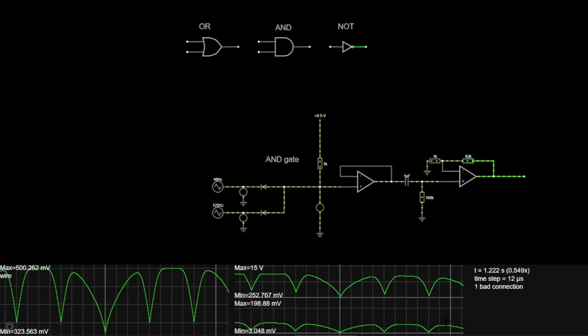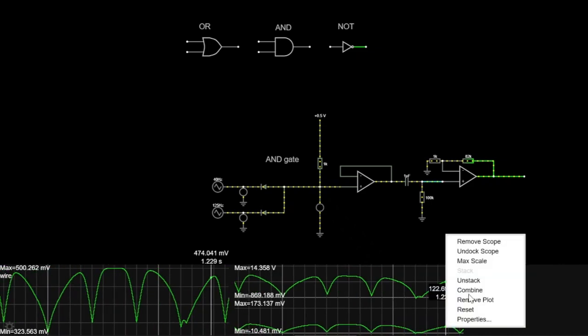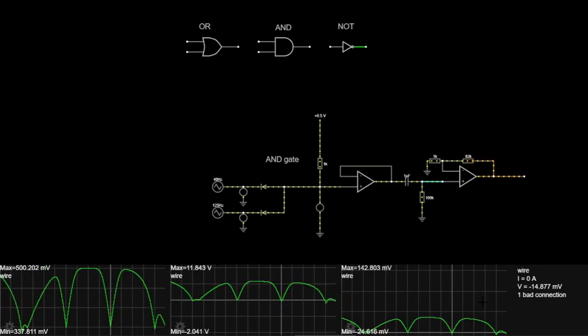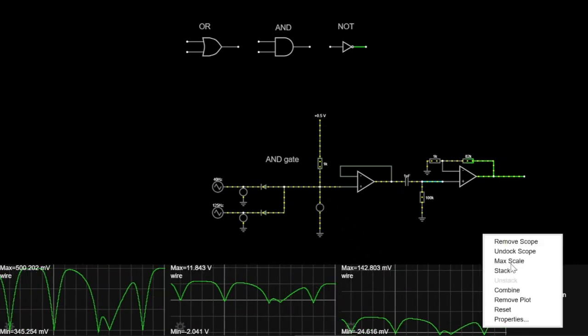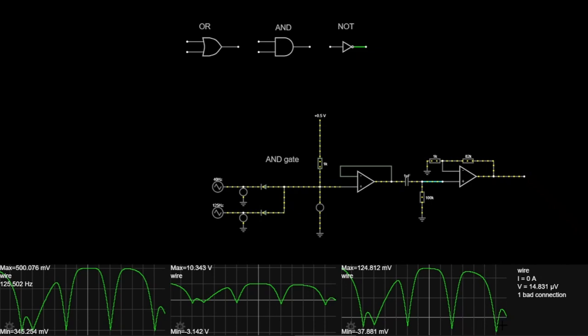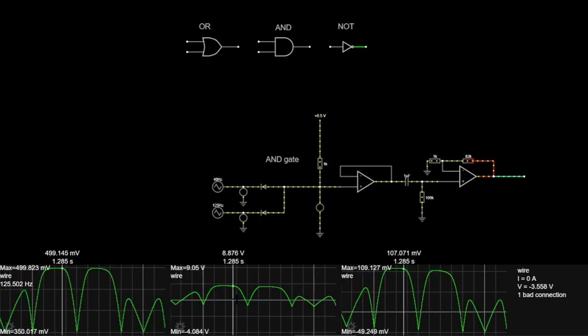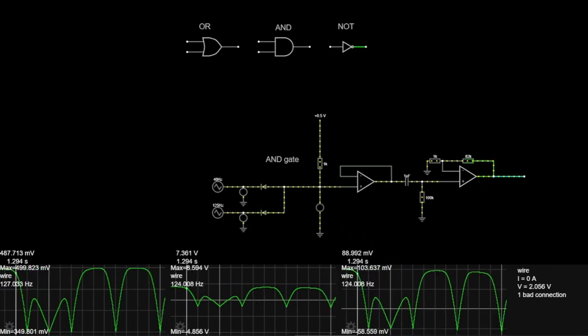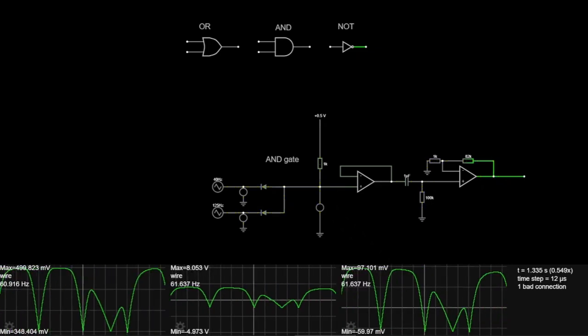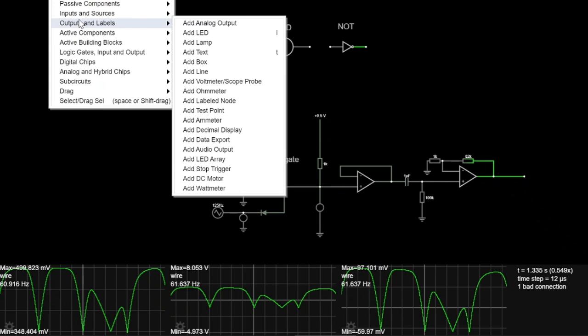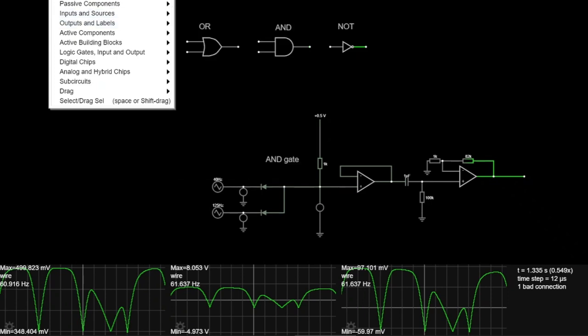No, not stack. What did I do? Unstack. What I wanted to do was max scale like that. So you see it's centering around 0 here, and this one is becoming 9 volts there. So let's even listen to it now, because we can listen to it.